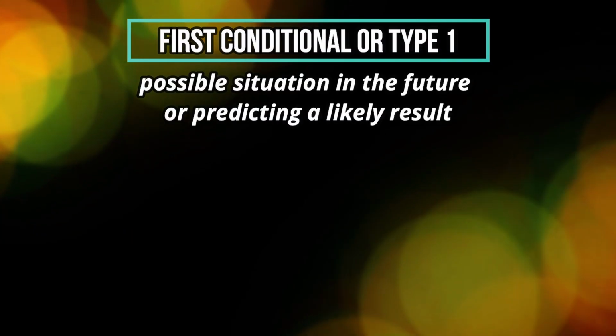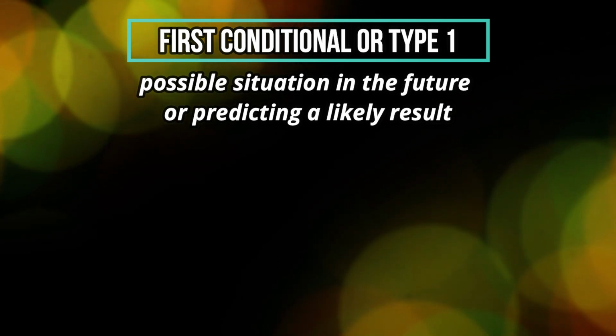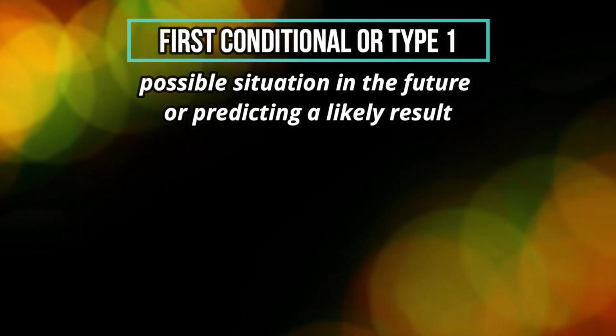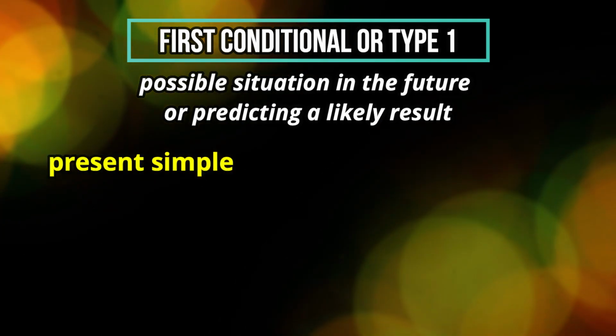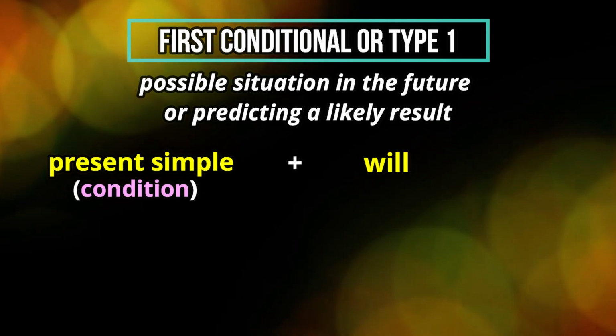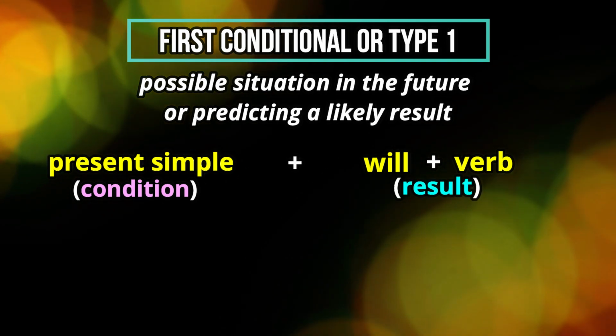The first conditional is used for a possible situation in the future or in predicting a likely result. And the construction is the present simple plus will plus the verb. Let's look at the examples.